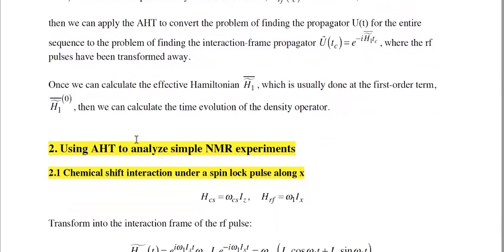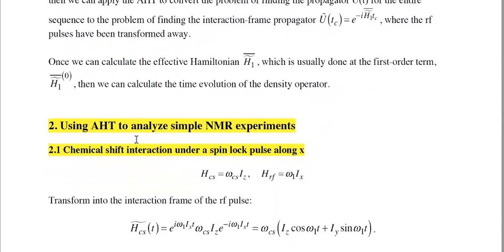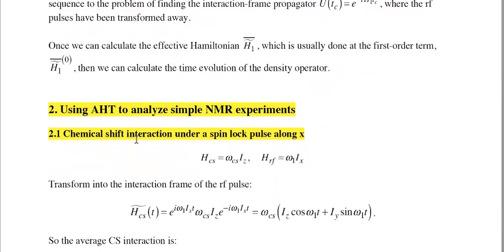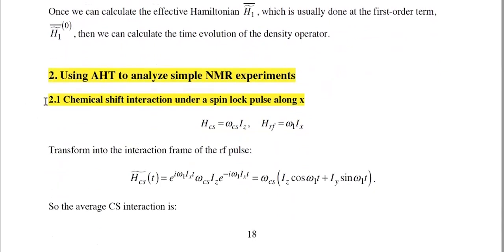So let's apply this mathematical formalism to understand some simple and very common NMR pulse sequence elements. The first application I want to talk about is the chemical shift interaction, how it behaves under a spin lock. You say, all right, I'm going to apply a 90-degree pulse, maybe along the minus y direction, and it doesn't matter which channel, just one channel.